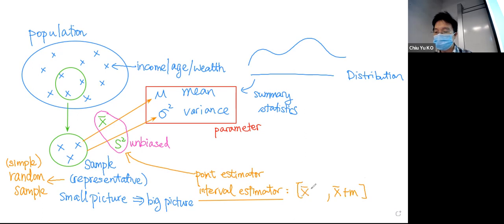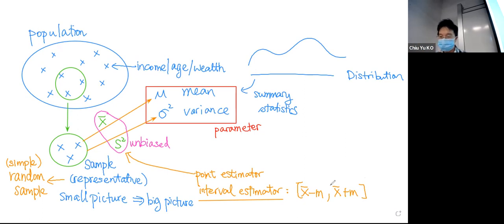We extend from x bar, which is our unbiased estimate of mu, to the left-hand side and right-hand side symmetrically. We will tell you what m is, but that's the goal.